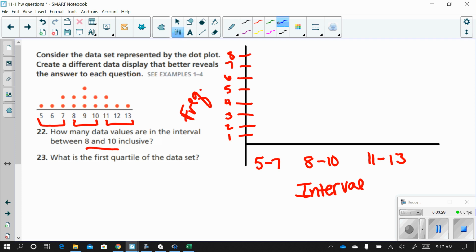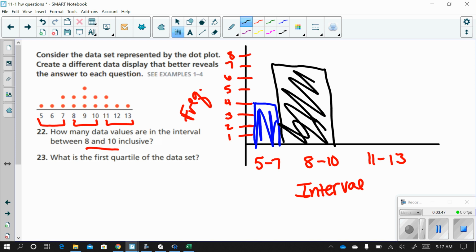First start off with 5 to 7. So 1, 2, 3, 4, so we draw a bar up to 4. Then 8 to 10, we have 1, 2, 3, 4, 5, 6, 7, so up to 7. And then 11 to 13, 1, 2, 3, 4.